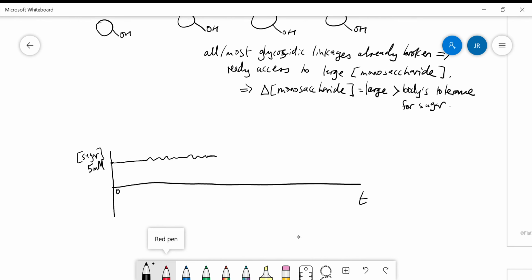Then at this event here, you could eat a healthy meal. So let's say this contains polysaccharides. And there's a fluctuation in your blood sugar levels, but it's within tolerance. Maybe another healthy meal here.